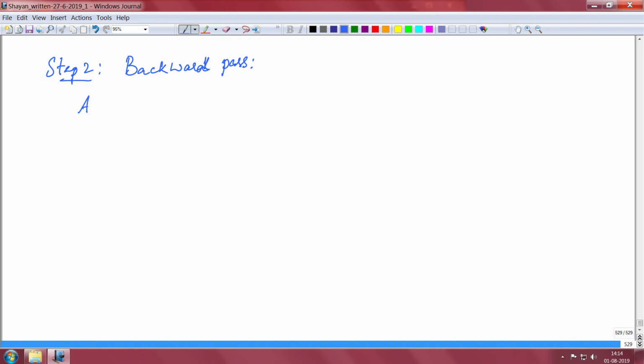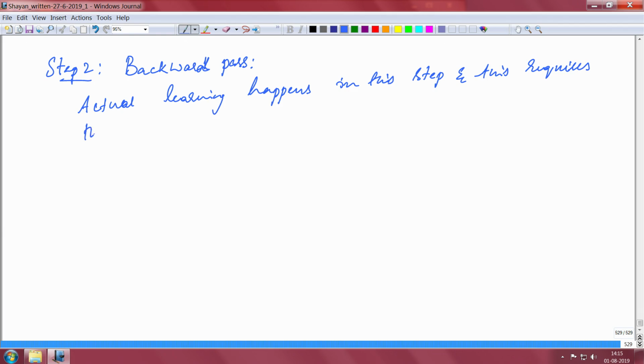What the actual learning happens in this step requires the computation of local gradients at each layer.